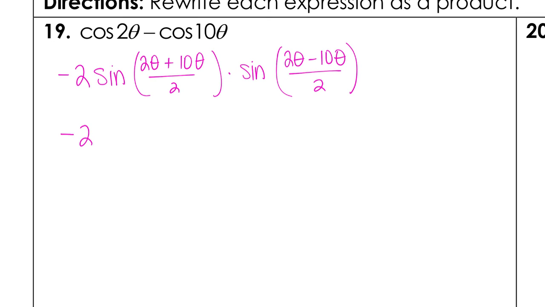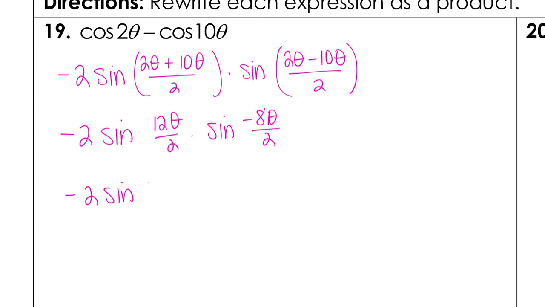So this would be -2 sine of 12 theta over 2 times -8 theta over 2. Let's do the dividing by 2, so it'd be 6 theta sine -4 theta.